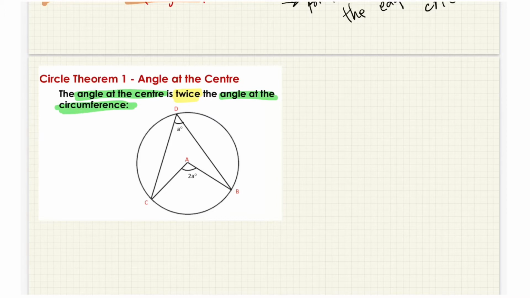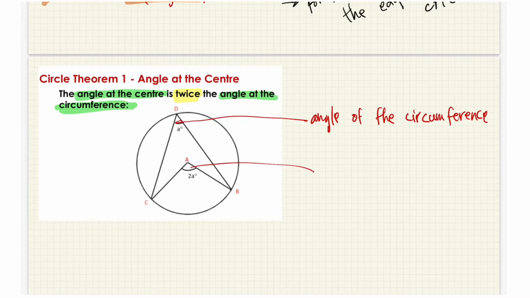Now, I'm going to point out this is the angle at the circumference. And this is the angle at the center of the circle.